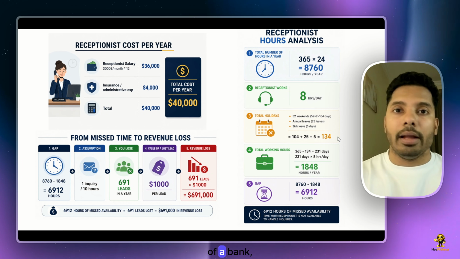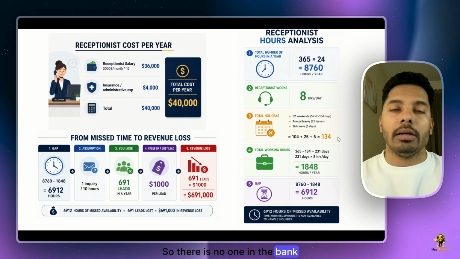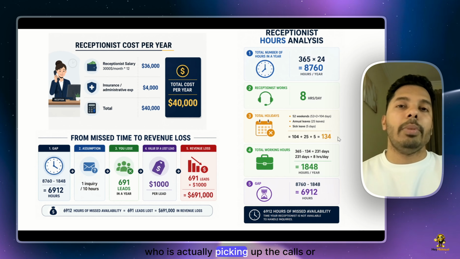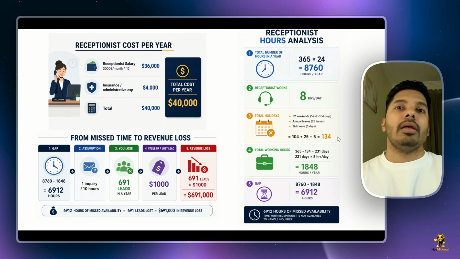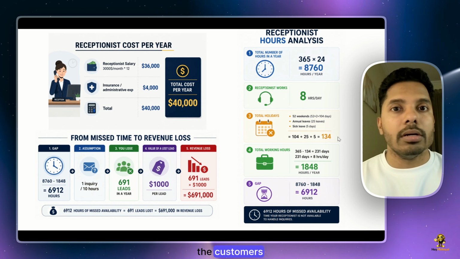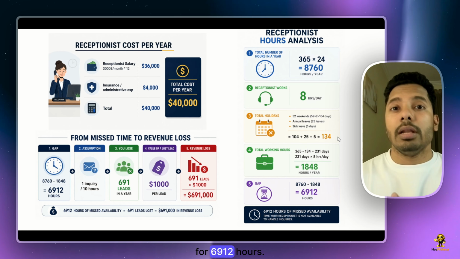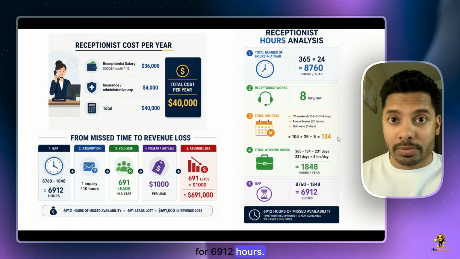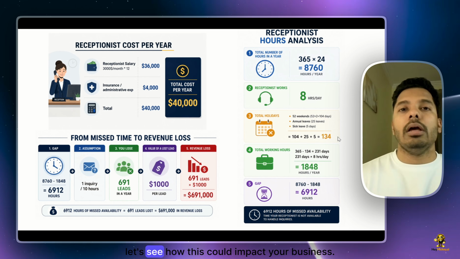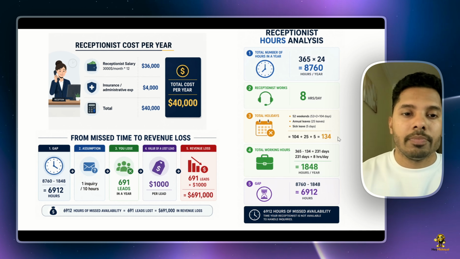Let's say, for example, a bank. So there is no one in the bank who is actually picking up the calls or answering the customers for 6,912 hours.